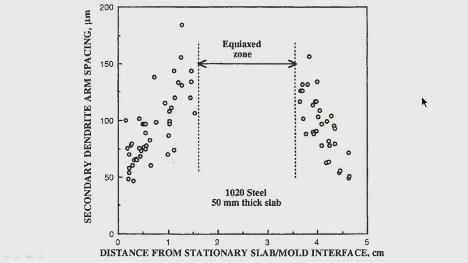As I was telling, there are two things we have to remember. First, the solid structure is not uniform. It has a columnar zone near the surface which extends towards the center, and we have an equiaxed zone.